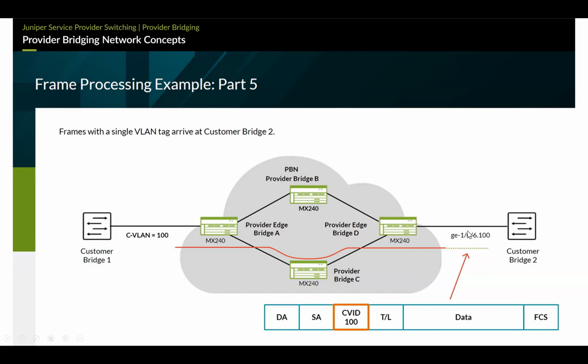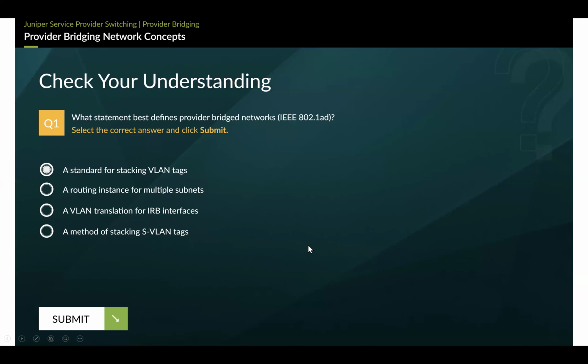They're making the sub-interface to travel from MX240 to the customer base. So this is all about SVLAN and CVLAN. So now we are going to the Q&A section.